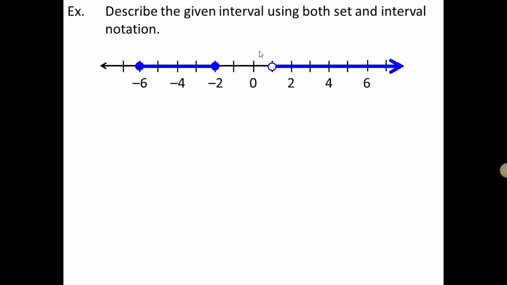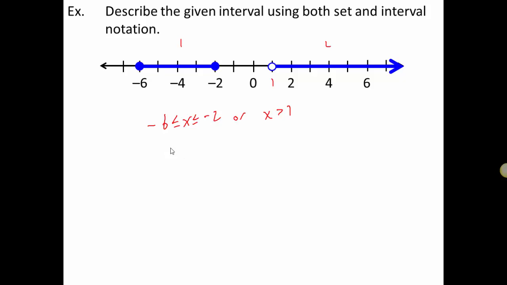Alright, here's one where we have multiple intervals. We've got interval number 1, interval number 2. So for my set notation, I'm going to be going from -6 to -2, or here my boundary is at 1, so x could be greater than but not equal to 1. So -6 is less than or equal to x is less than or equal to -2, or x is greater than 1.